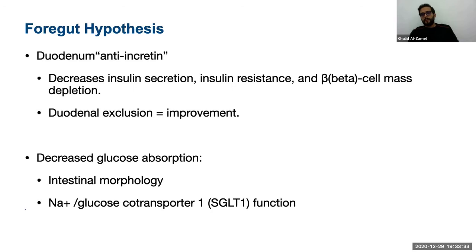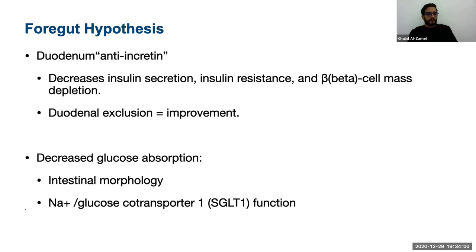There are two hypotheses to explain diabetes improvement after bariatric surgery: the foregut and the hindgut hypothesis. The foregut hypothesis focuses on duodenal exclusion, but has two explanations for the diabetic control after that.